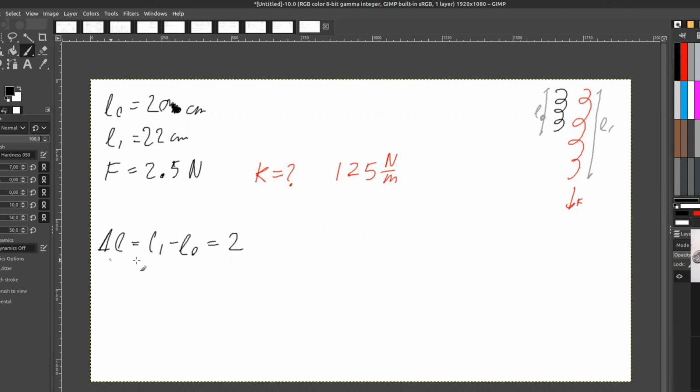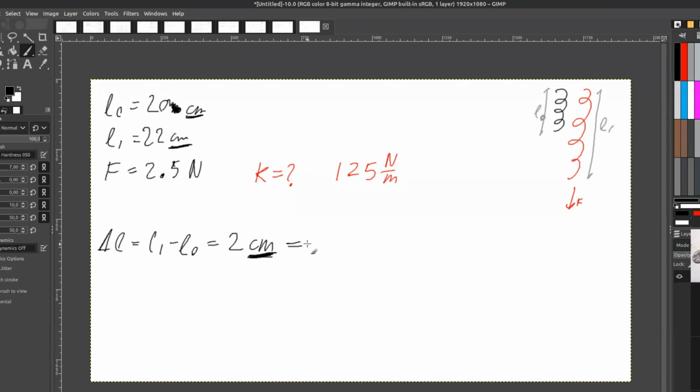Another thing is that you can do this operation first, but remember that your result will still be in the same unit as the one you had before. So if with these data in centimeters you do this difference first, you can do it, but your result will be in centimeters.